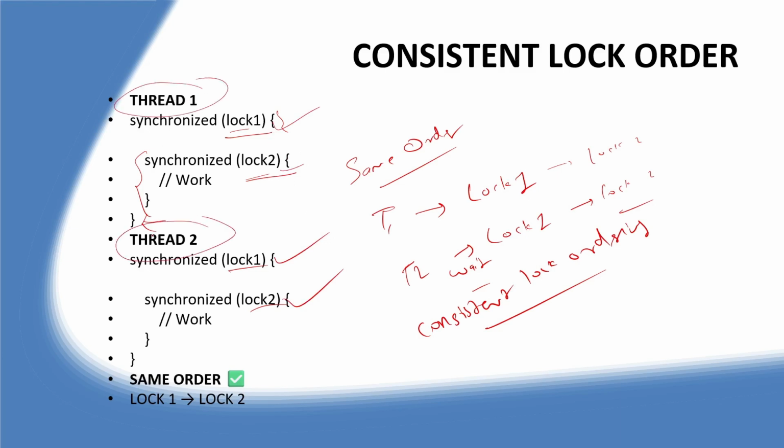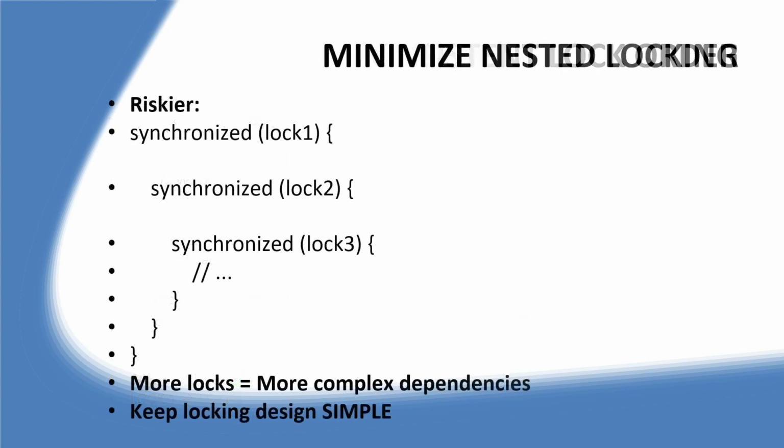Now we will see nested locking. Another useful strategy is to avoid unnecessary nested locking. Here you can see 3 locks. The more locks a thread holds while trying to acquire additional locks, the more complex the dependencies between threads become.